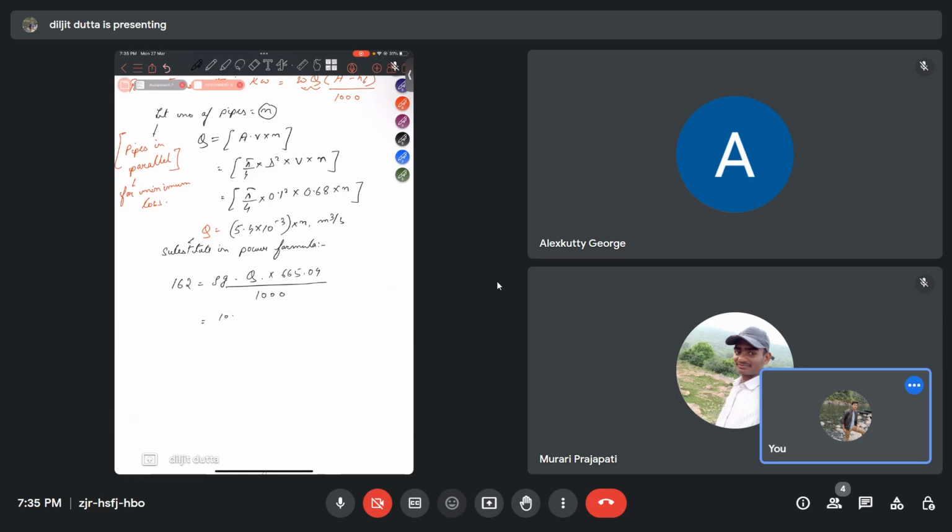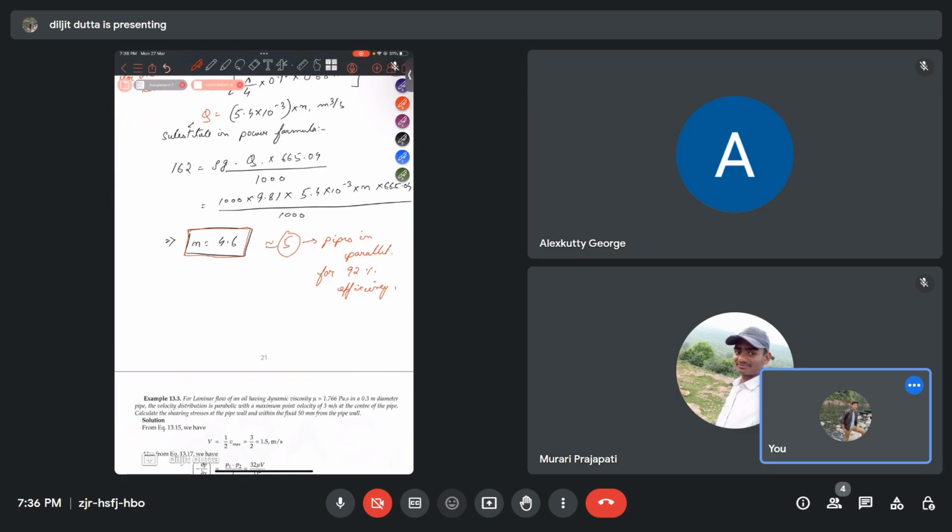So rho is 1000 into 9.81, Q is 5.4 into 10 to the power minus 3 into n, into 665.04. If we solve this, we will get n is equal to 4.6. So 4.6 means approximately 5 pipes in parallel for 92% efficiency.